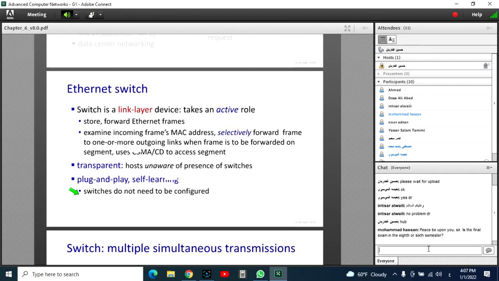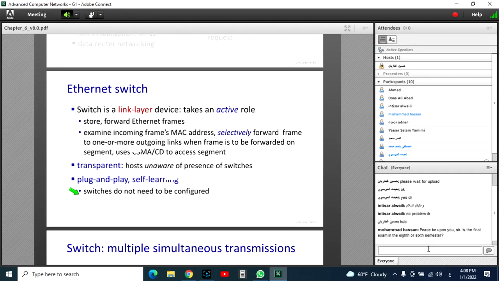Yes, if you have a manageable switch or a layer 3 switch, a layer 3 switch is something near to a hardware router. Inside a router, we have lots of software capabilities, but a layer 3 switch is a switch with some limited hardware capabilities of layer 3.